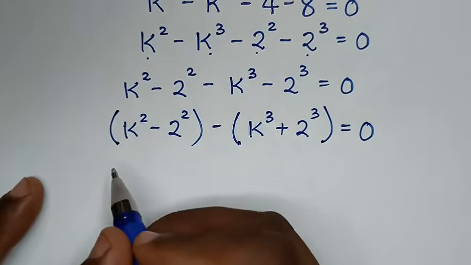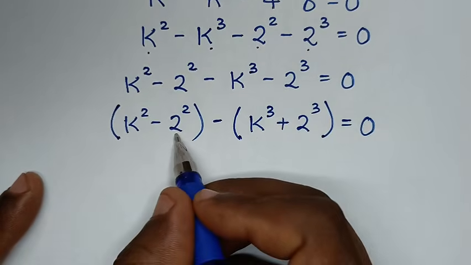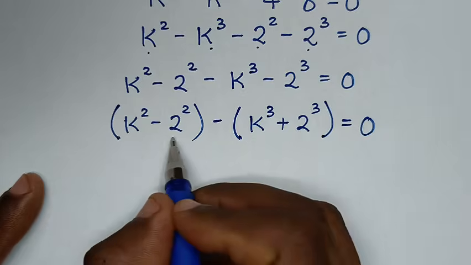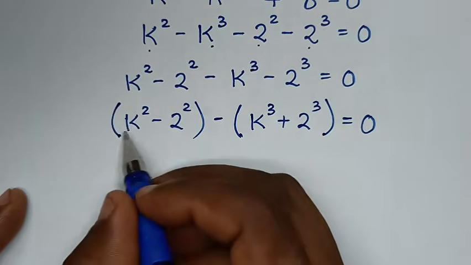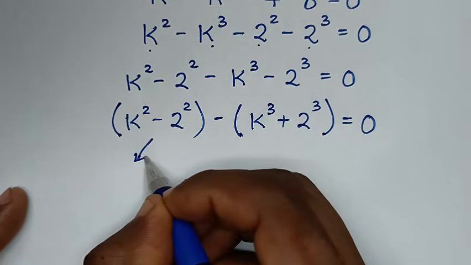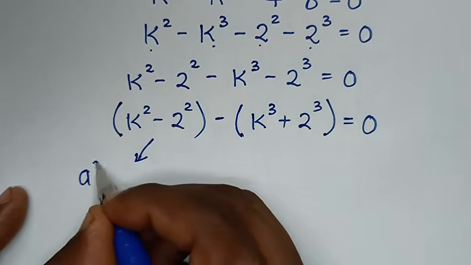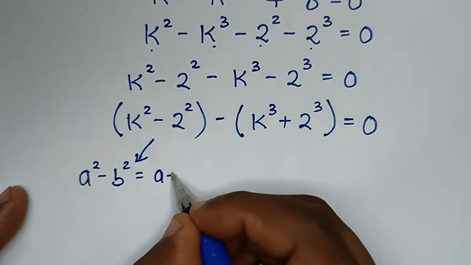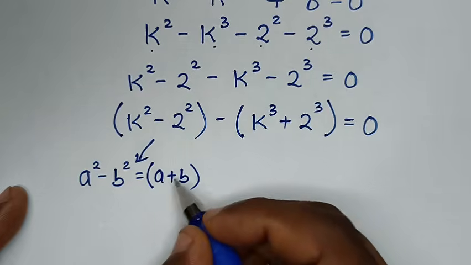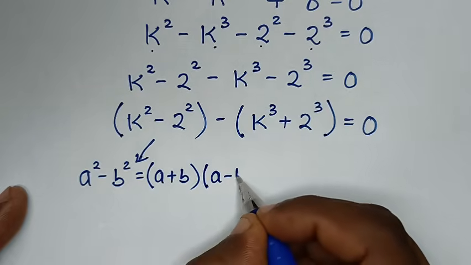Then in the next step, here, k² minus 2². This is in the form of a perfect square, so we'll apply the perfect square rule in this form, where this is in the form of a² minus b² is equal to (a plus b) times (a minus b).